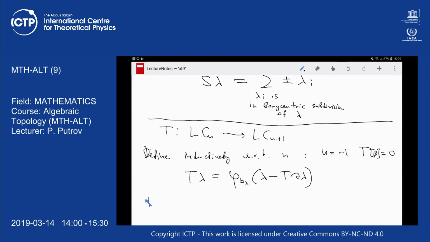So let me give you some examples. So T, if lambda contains just a single point, again, the barycenter of a single point is the point itself, then we just repeat lambda, take lambda itself, and use T. The boundary of a single point is an empty thing, and we know that this is 0, and we know how this acts, so we get just a pair of equal points.